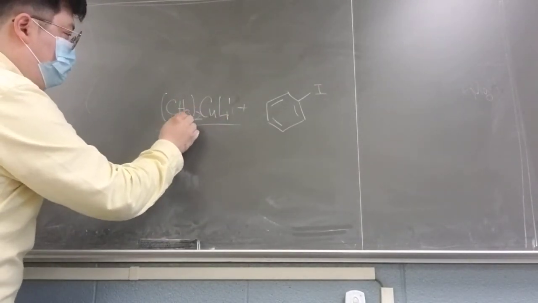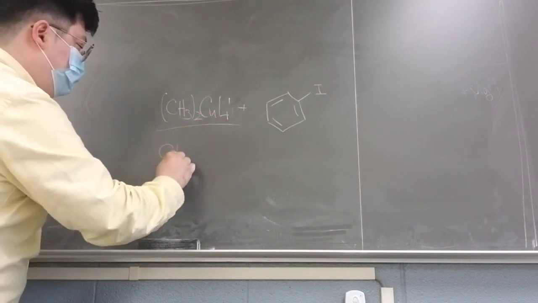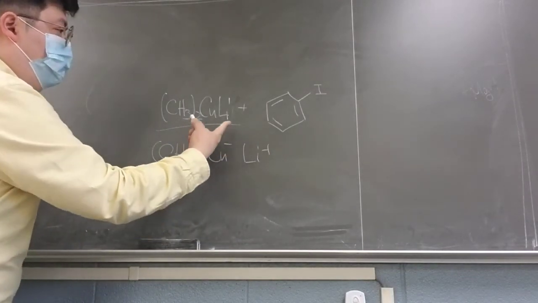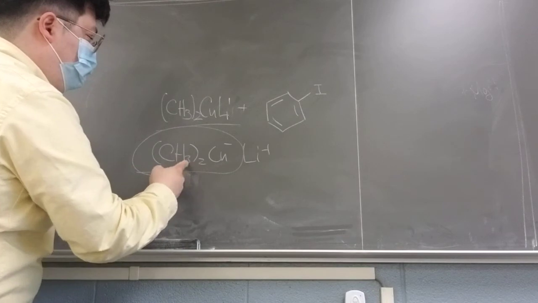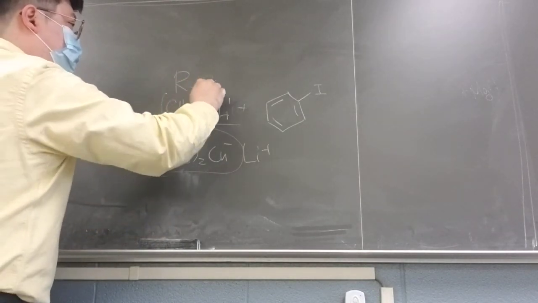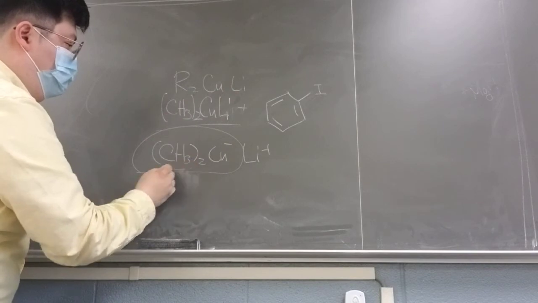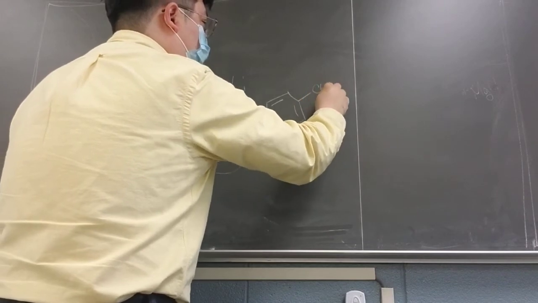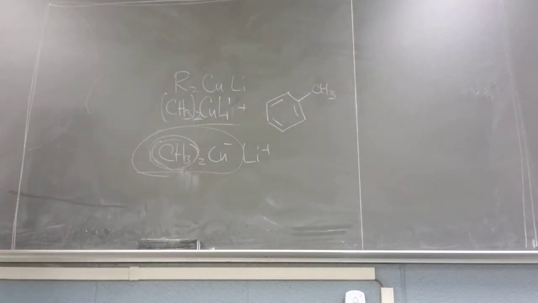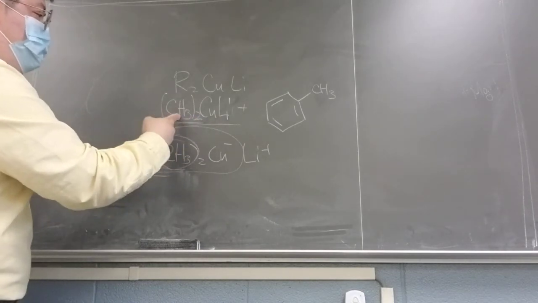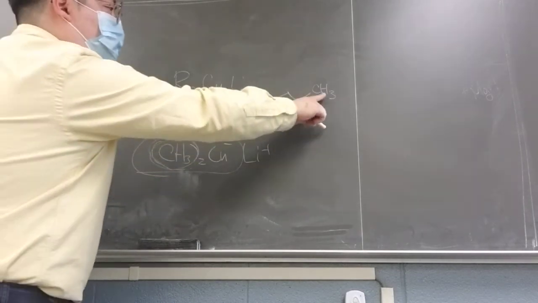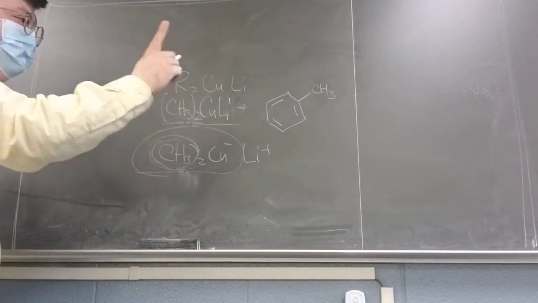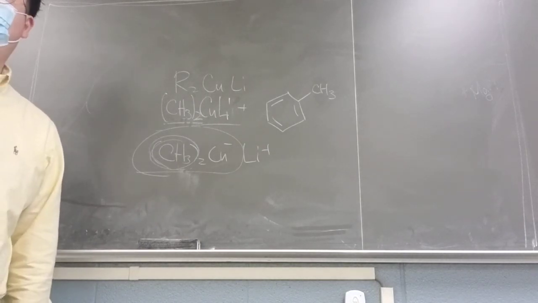Do you see these 2 methyl groups on copper? Whenever you see this R2 copper form, just put 1 R, not 2, just 1. So 1 methyl group, CH3, will just switch with your halogen group. Whenever you see the halogen group over there, switch it to that 1 R. Even though there are 2, it only does 1. That's it.